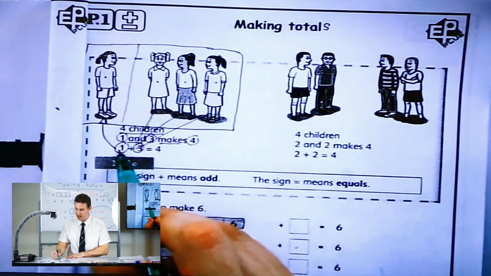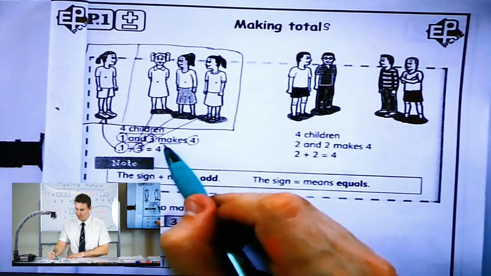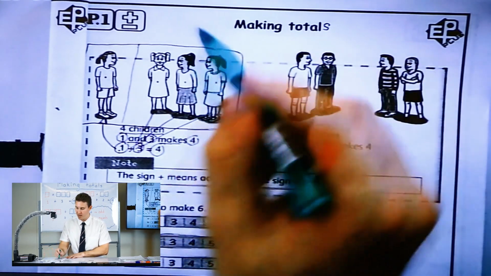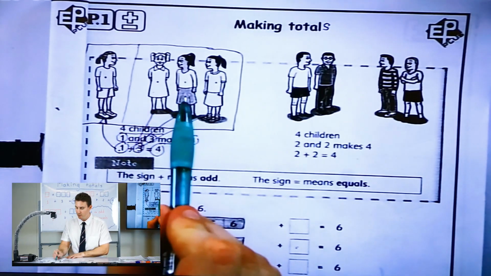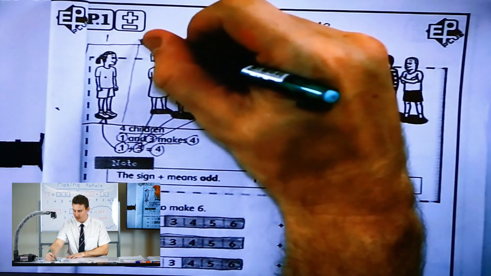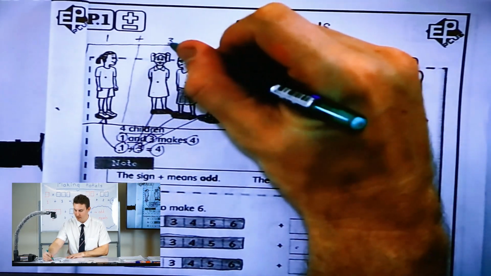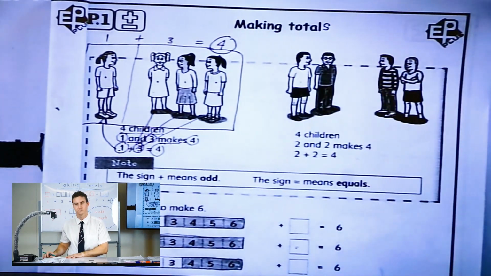And we have 1 plus 3 equals 4. Very good. And to check, let's count. 1, 2, 3, 4. So we have 1 plus 3 equals 4 children.